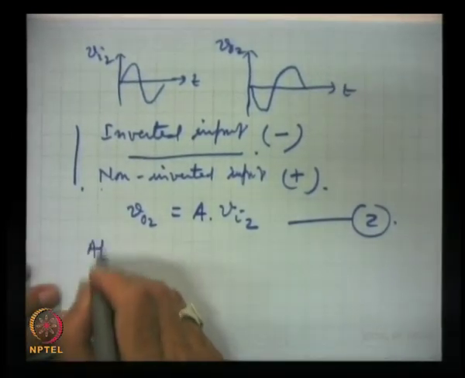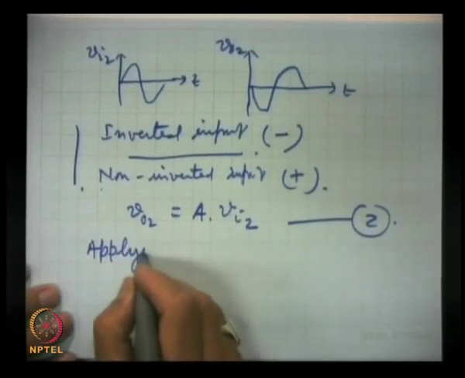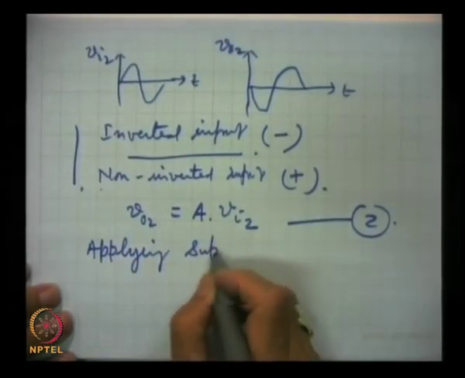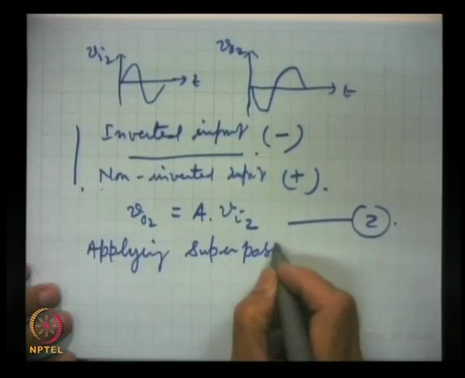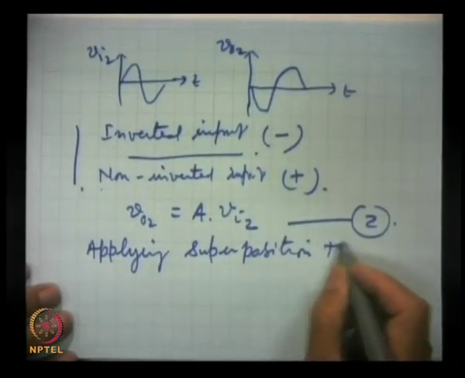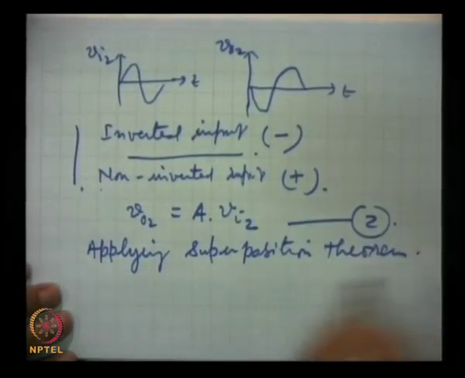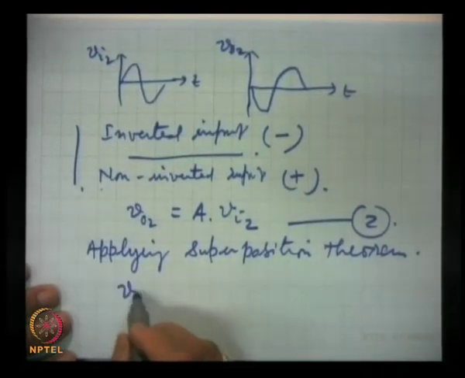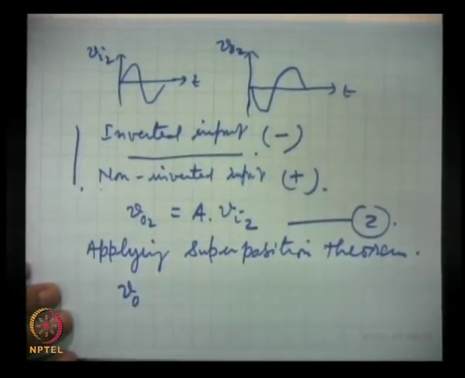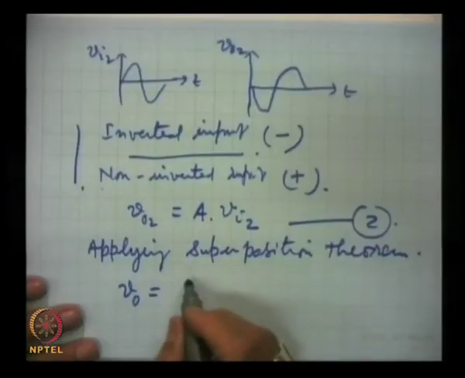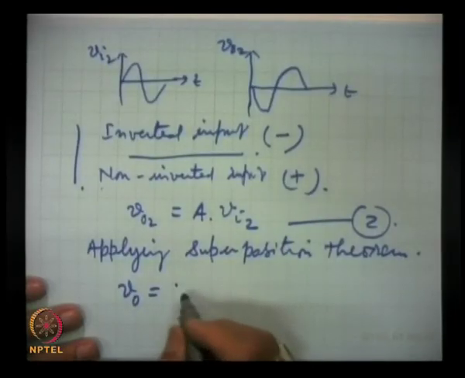Applying the superposition theorem, VO, when both inputs are active, that means when both signals are present, the output will be the algebraic sum of the two.